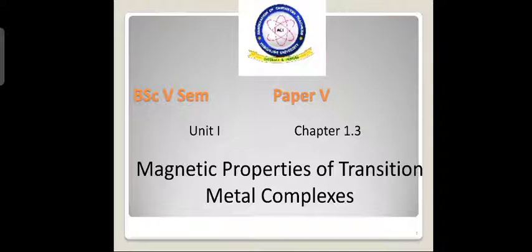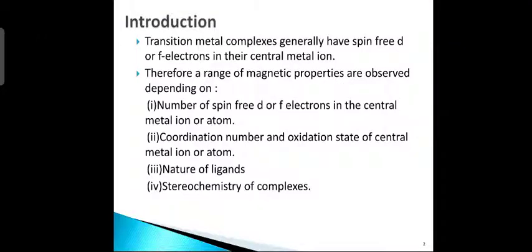Today let us start chapter 1.3 of unit 1, that is magnetic properties of transition metal complexes. Now, transition metal complexes, you know, have spin free d or f electrons in the central metal ion.